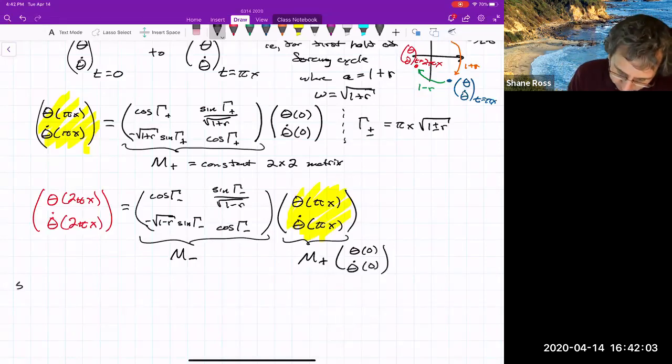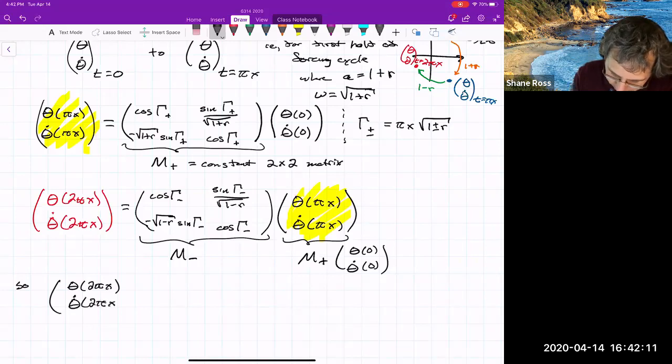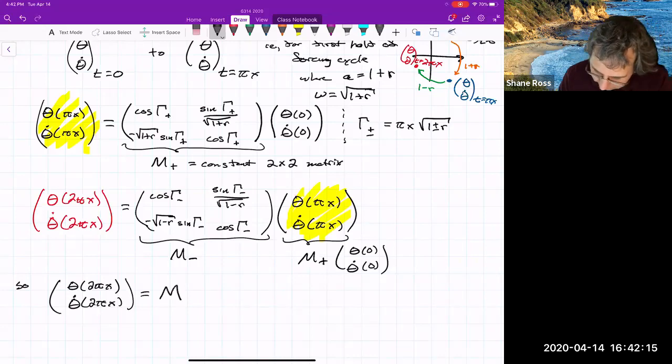Okay, so you combine those two, you get that after one cycle, which is 2 pi x, this equals, we'll call the matrix product M, times theta 0, theta dot 0.